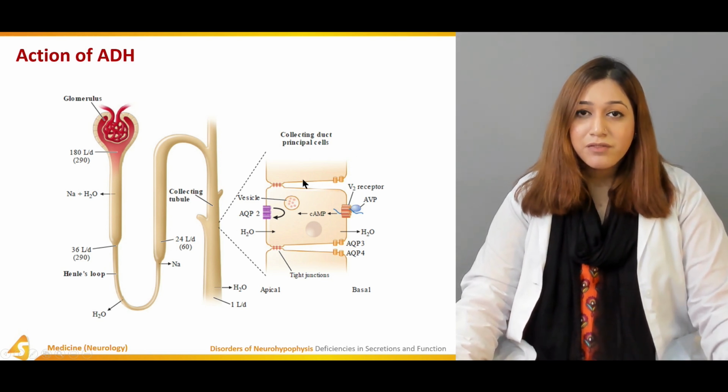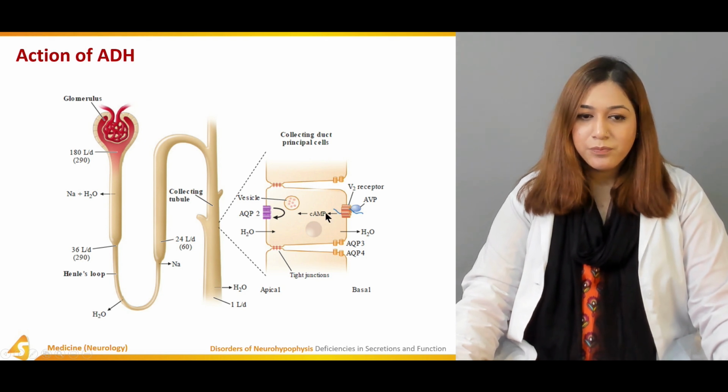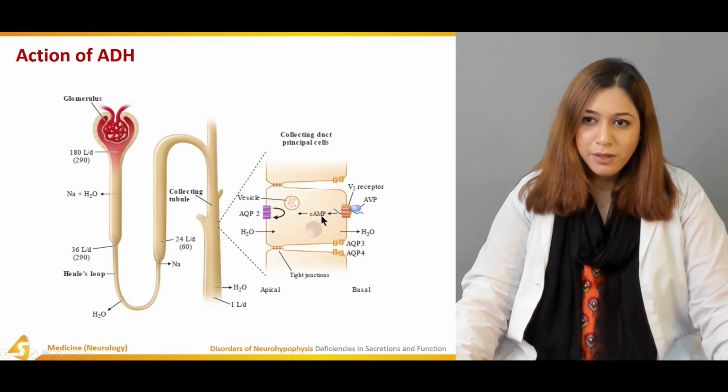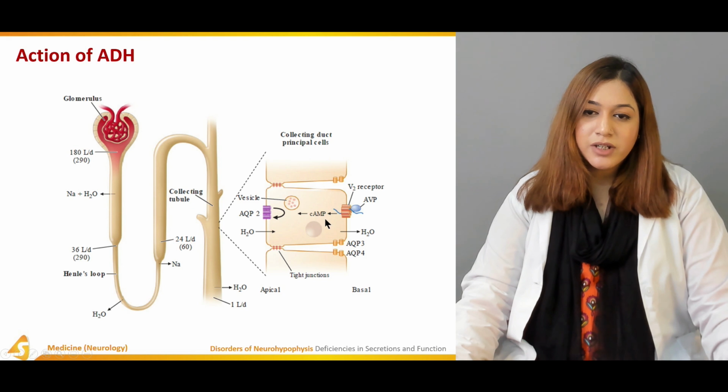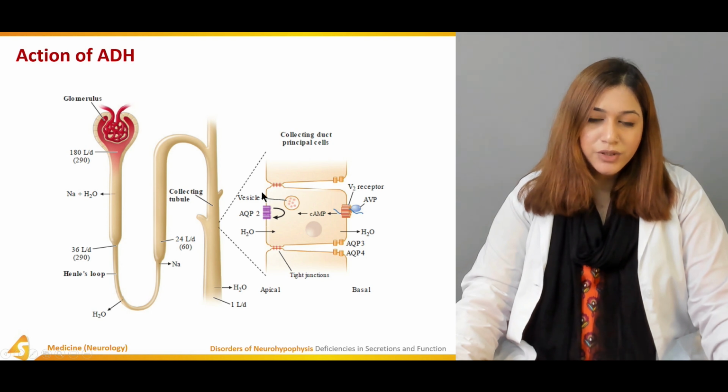This antidiuretic effect is mediated via a G protein coupled V2 receptor. This receptor increases the intracellular cyclic AMP. What happens? This intracellular cyclic AMP increases the translocation of aquaporin 2 water channels into the apical membrane. Now, this is the apical membrane and this is the basal membrane.